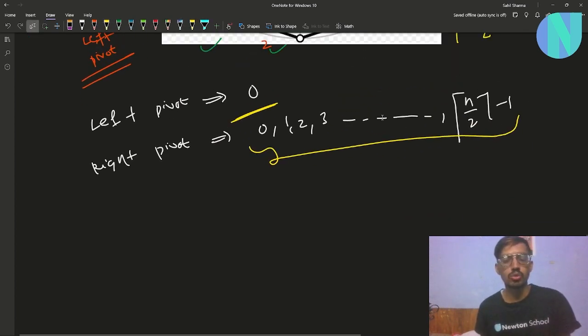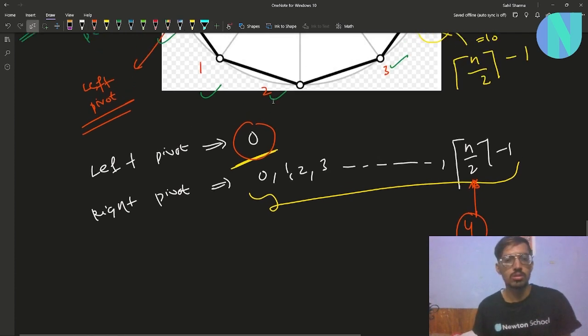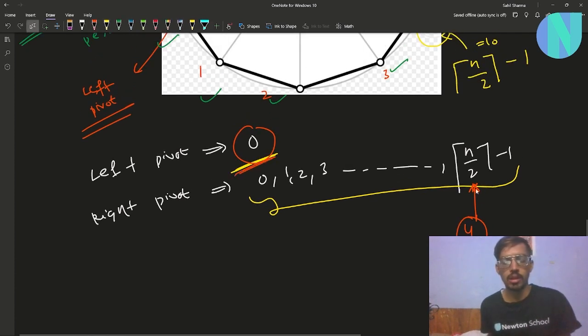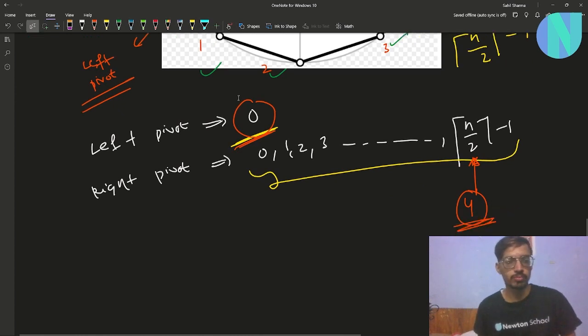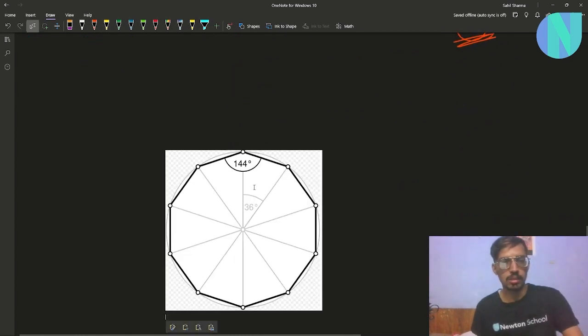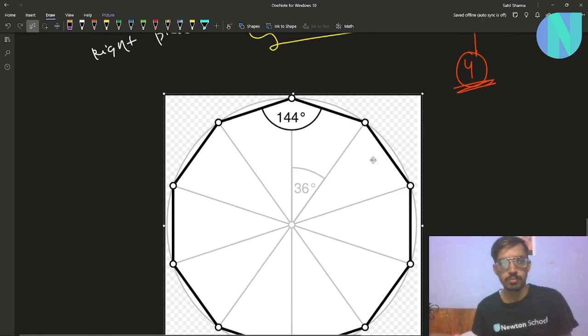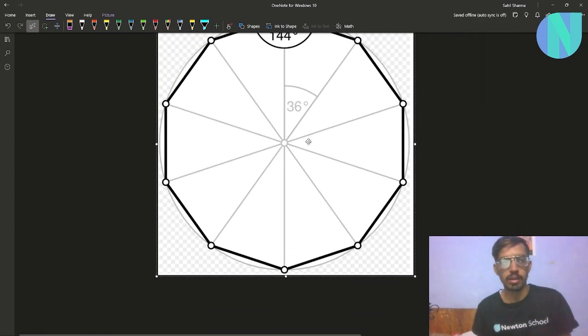So now let's try to choose one of these values and solve for that configuration. Let's say your left pivot is 0, and now let's choose one of the right pivots. Let's say your rightmost pivot is ceiling of n by 2 minus 1, and in this example this is equal to 4. So your left pivot is 0 and your right pivot is 4. So we get something like this. Let me drag it down.